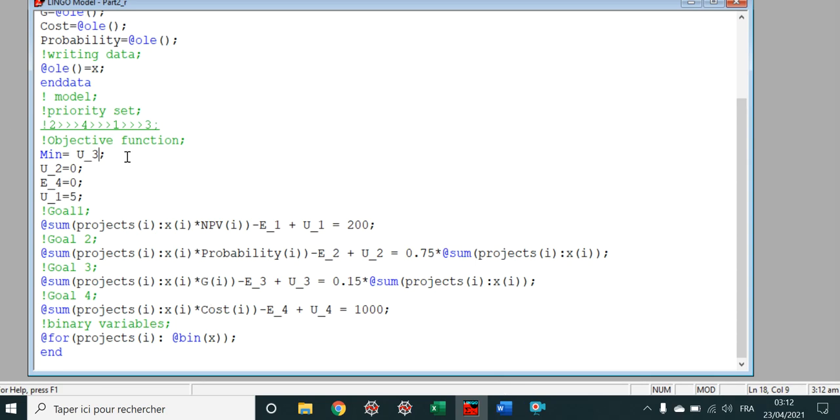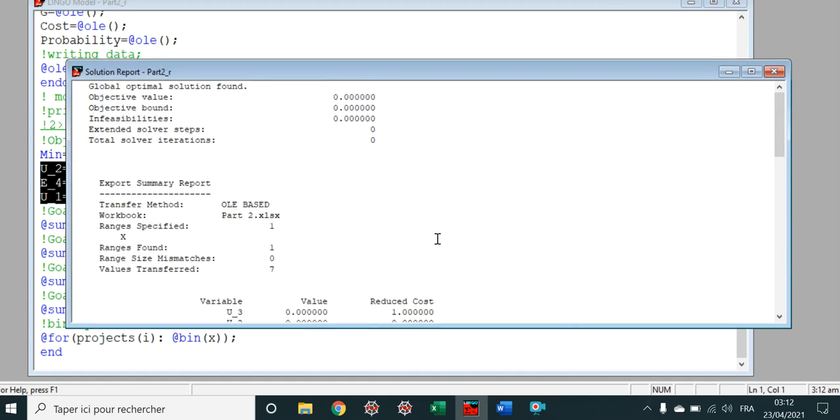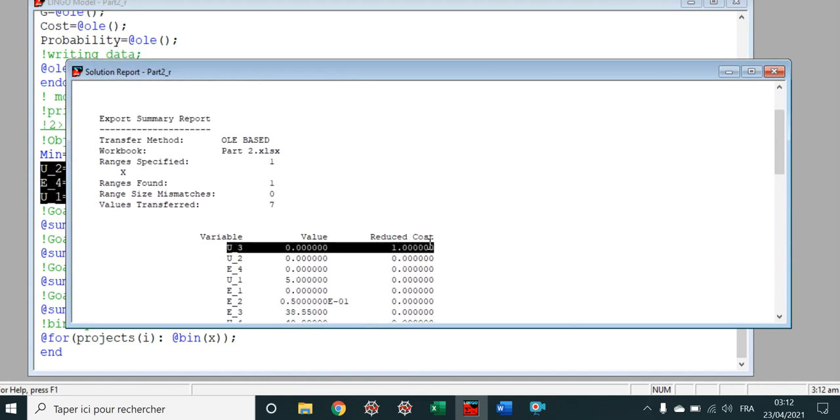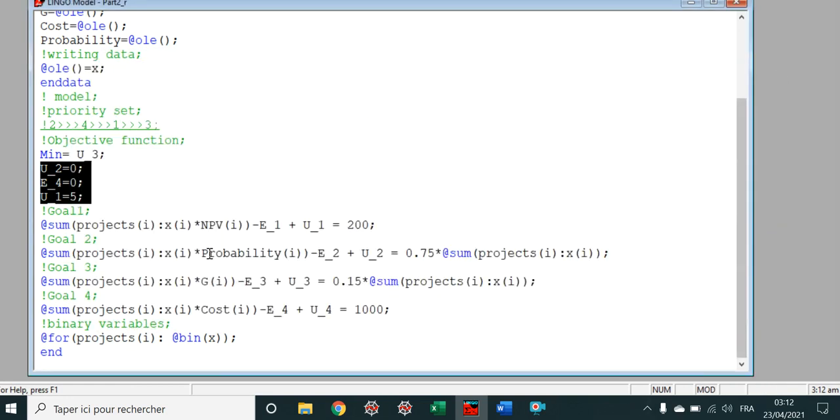Okay, so we put U3. We have our other deviation variables of interest fixed in here, and we solve the problem. So U3 is 0. And that's how we get our final decision.